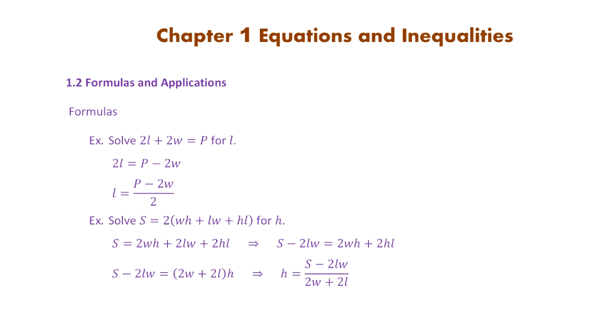Just consider 2W and P as numbers. So you group them together on the right and leave 2L on the left. That's the variable on the left and numbers on the right. Then you just solve it in the usual way by dividing by 2, so you get L equals P minus 2W over 2.